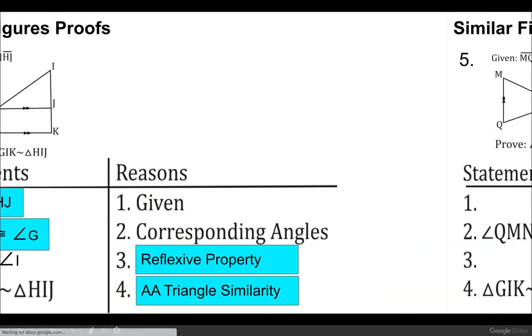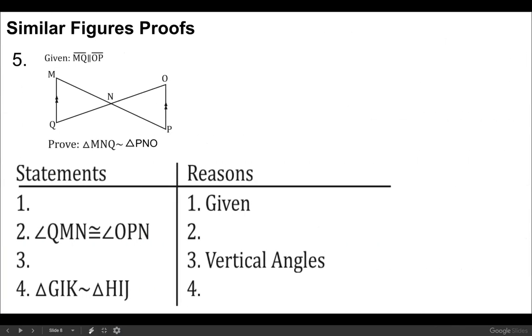Example number 5. So again, we see some information about parallel lines. So that's when you're going to recall your previous learning. We see a given statement here that we need to give our reasoning. So angle QMN, Q to M to N. So we're looking here at this angle, QMN.